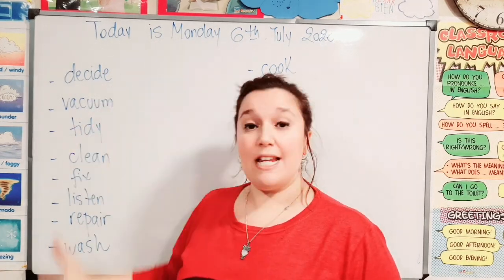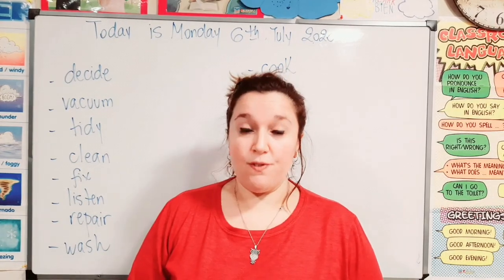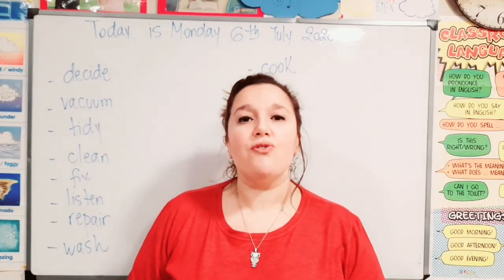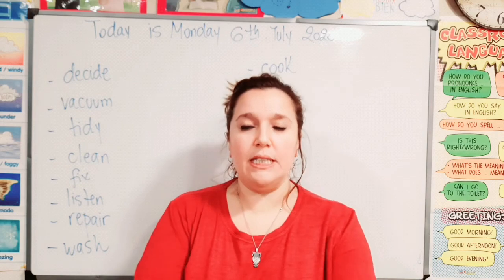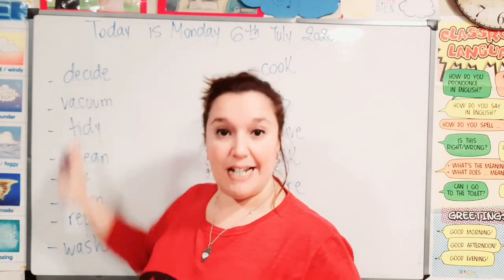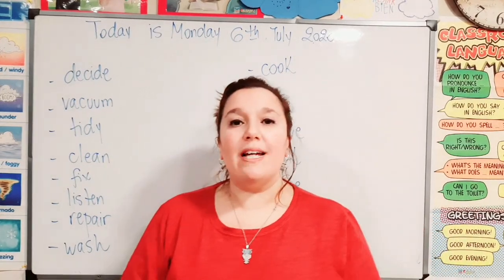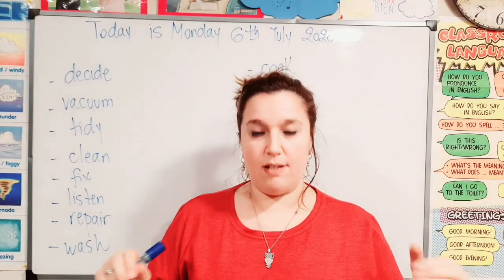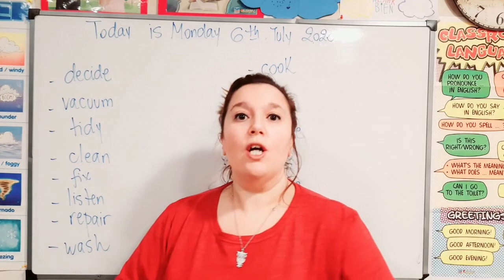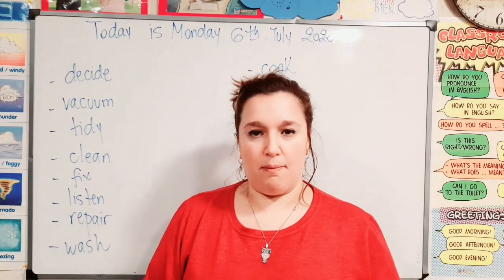Here I have some of the verbs I used in the story of The Simpsons. The verbs are in the infinitive form, and we have to pass them to the past simple.